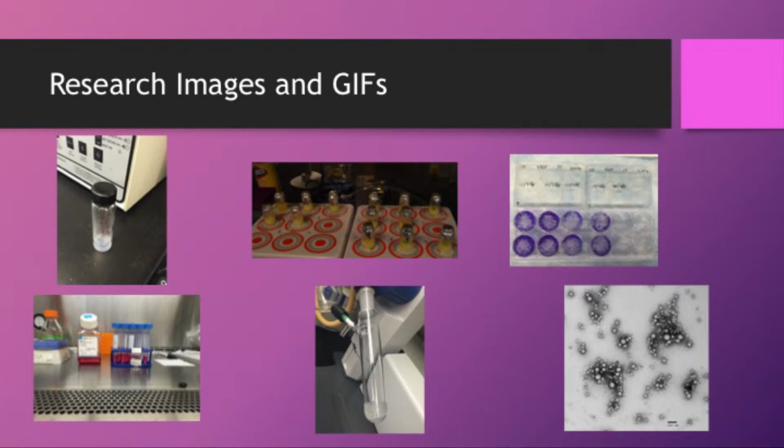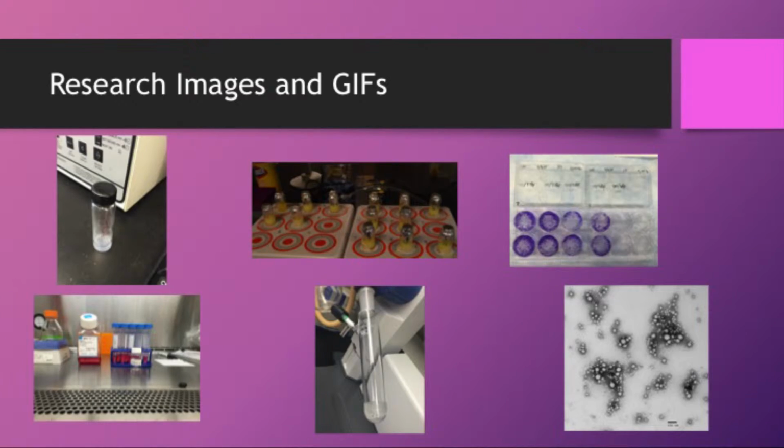These are some different images of nanomedicine that me and Jeremy worked on at the last co-op. In the center here are some nanoparticles in solution that we just made. In the bottom right are some transmission electron microscopy images of nanoparticles.